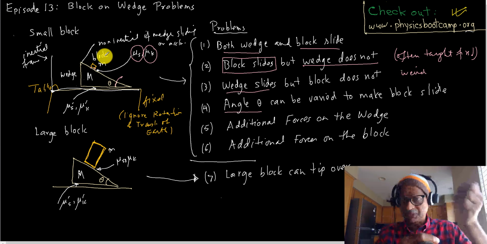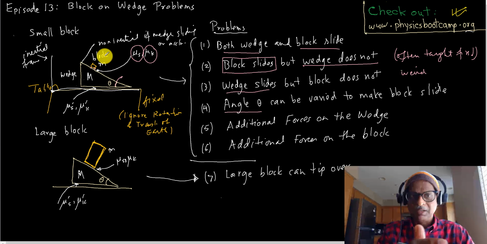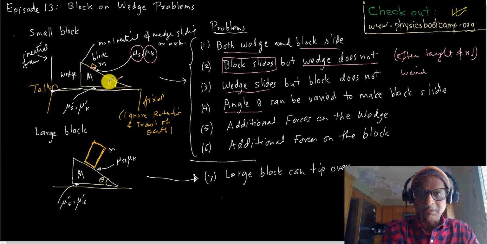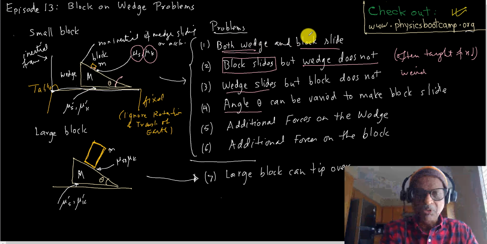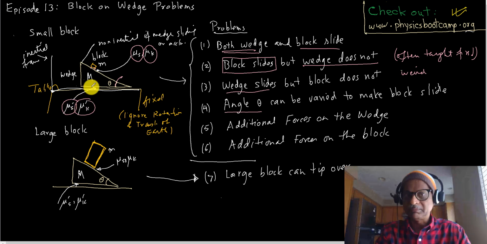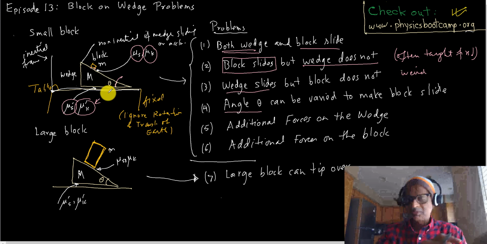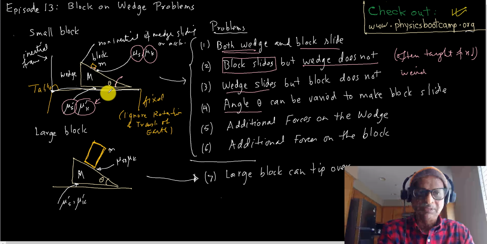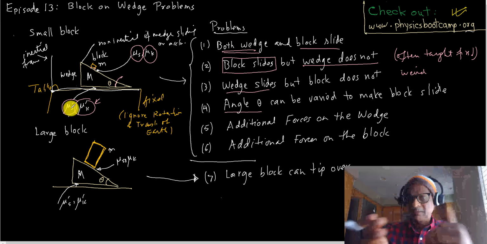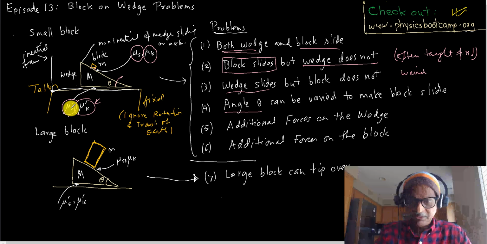Even though you can think of the block as very tiny, it has a surface of contact. If both wedge and block slide, you're also given these things. Maybe if it's sliding, you only need this. If it's not sliding, then definitely static friction is responsible for it not sliding.